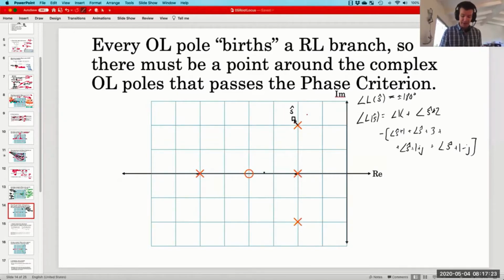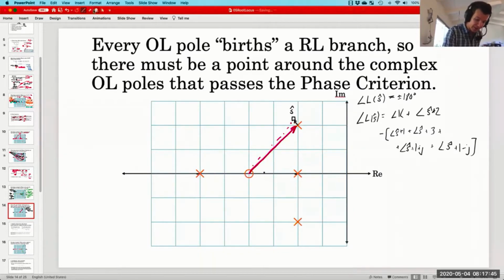I'd like to say that S hat, I don't know exactly where it is, but I know that it's darn close to this X, which means if I were to draw my vectors, not pointing at S hat, but instead pointing at the X, this angle is going to be darn close to that angle, which is the actual angle that I want.